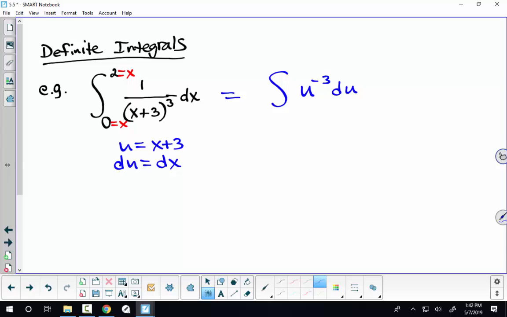So if u is x plus 3, we're using that to get our bounds. When x is equal to 0, u is equal to 0 plus 3, which is 3. So for x equal to 0, the lower limit of integration in terms of x, in terms of u now we're going to use 3.